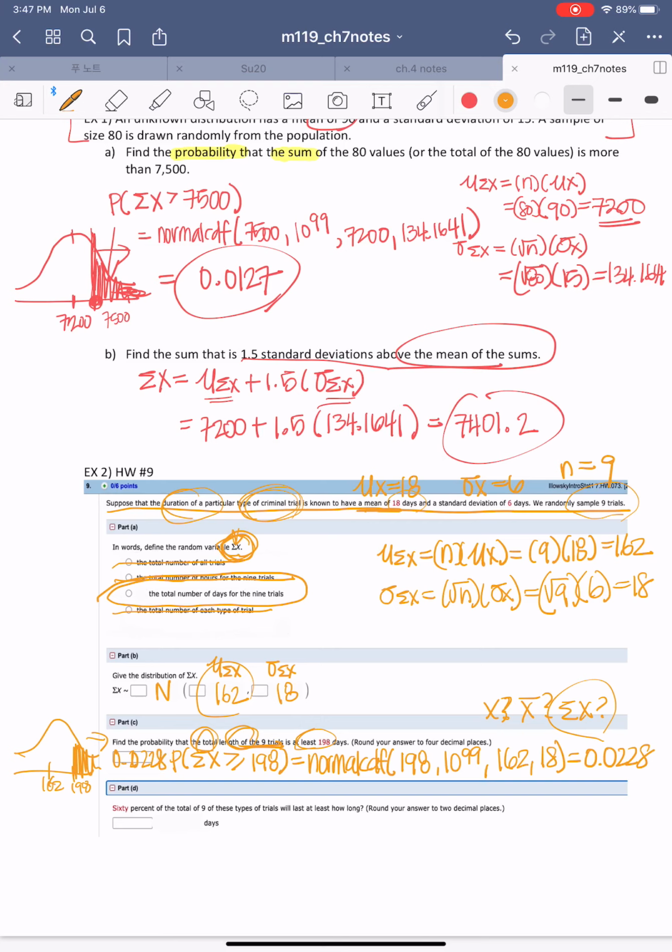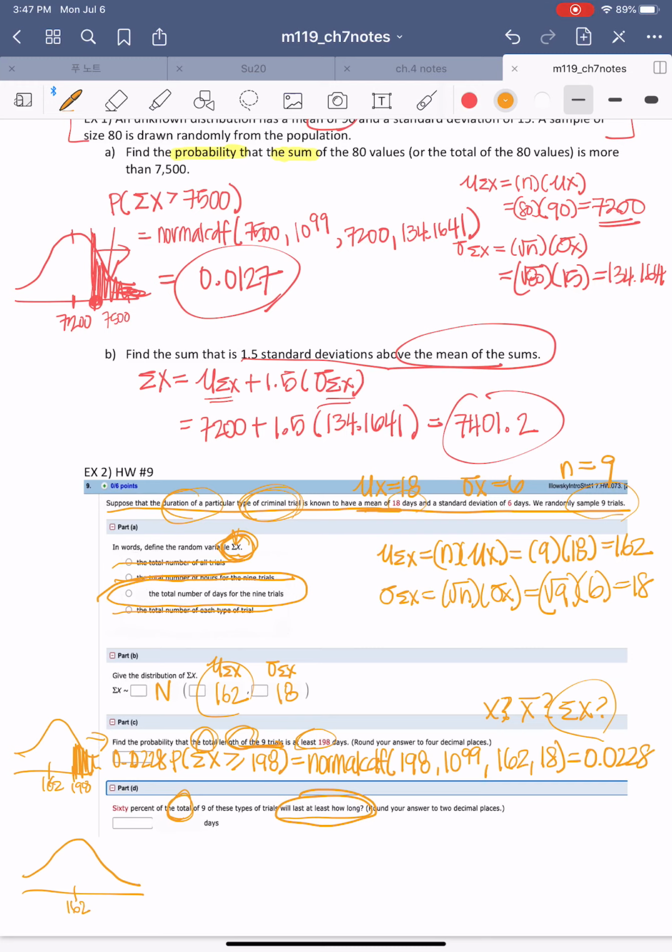Part D is a percentile question. You're given the percentage, you're looking for K. 60% of the total of, oh, I see the word total, so now you're dealing with the sum of X. Of these types of trial, will last at least how long? All right, so again, there's my 162.